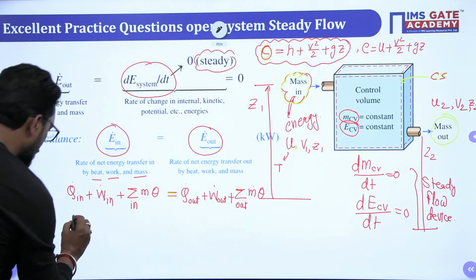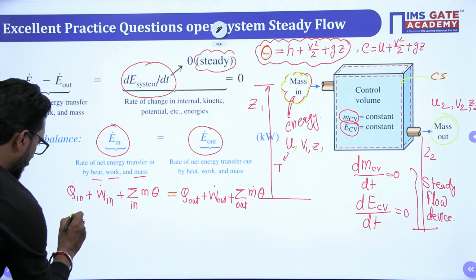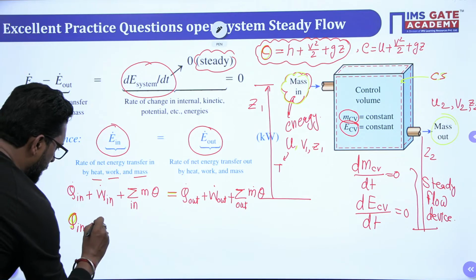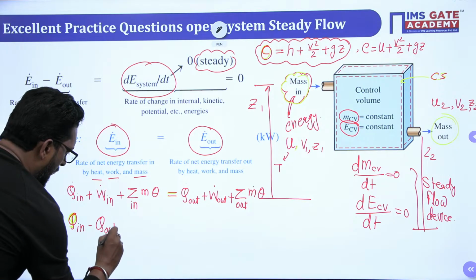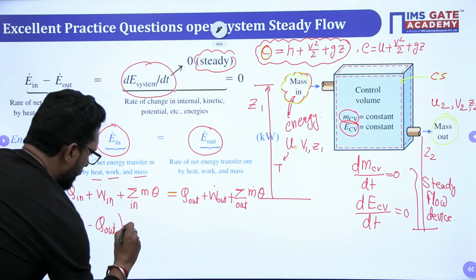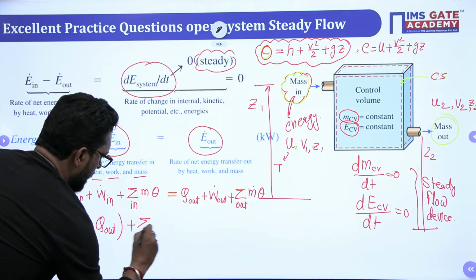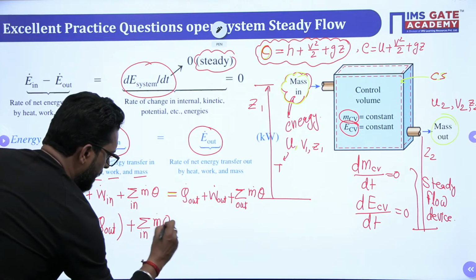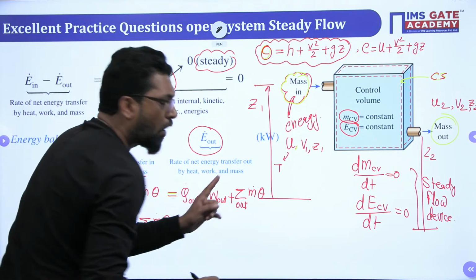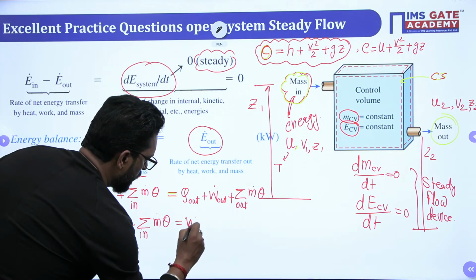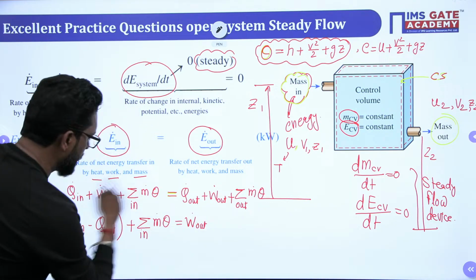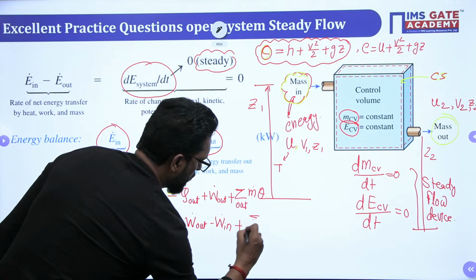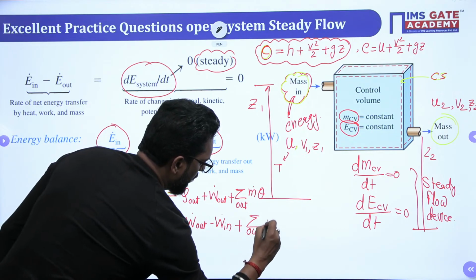So if you write Q in minus Q out, plus summation of all inlet m dot theta is equal to W out, which is positive, W dot out, minus W dot in, plus summation of all the exit m dot into theta.